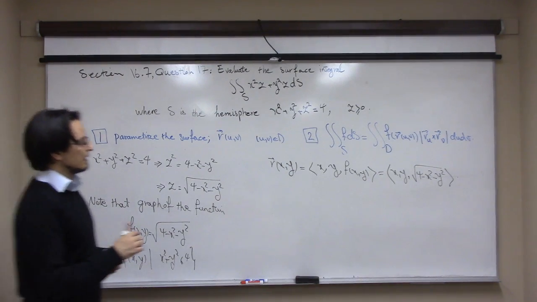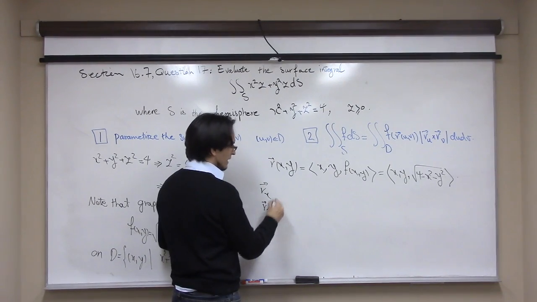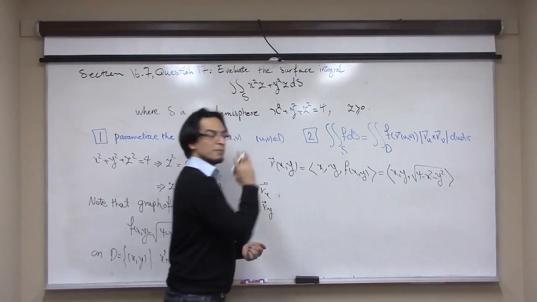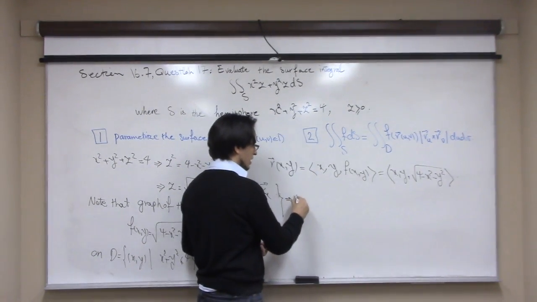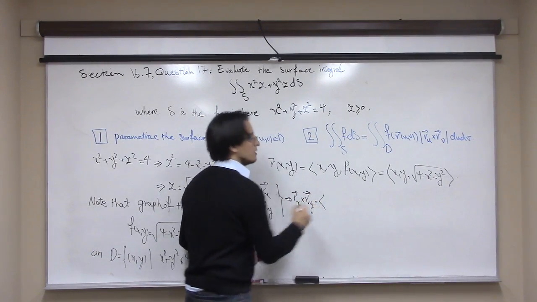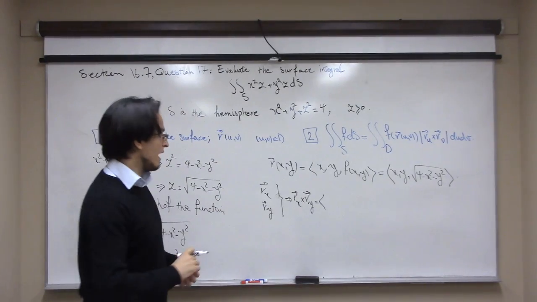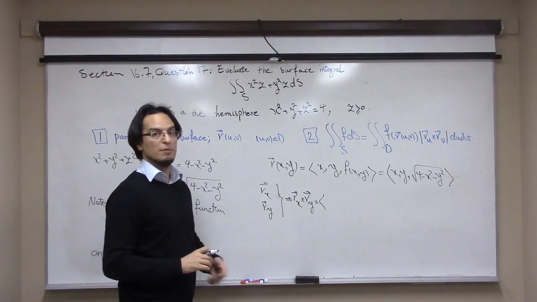Then again you can find r_x, r_y, and do all those steps. But in this specific case, we actually know what r_x cross r_y is. This is now a good time to practice: stop the video and try to find r_x, r_y, and cross them.